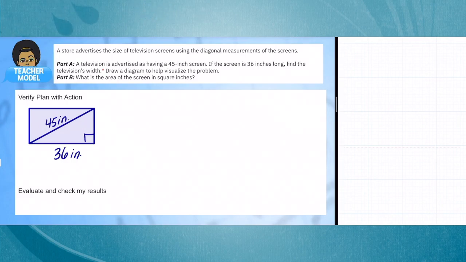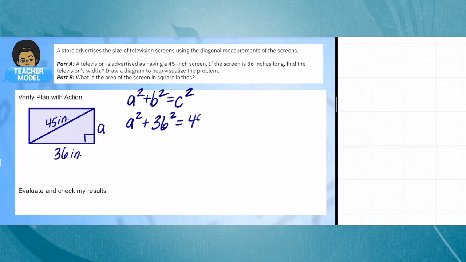I've already put in one of the legs, and the hypotenuse, the diagonal, is 45, which means the other leg, I'm going to call A. That's the width we're trying to figure out. So I'm going to write in our formula and put in the numbers that we know through our substitutions.